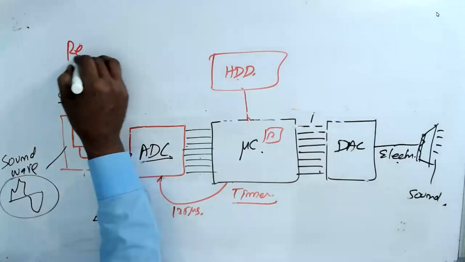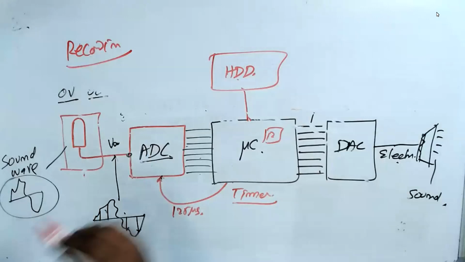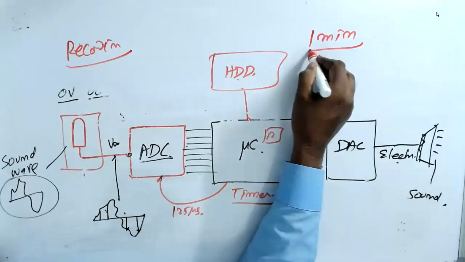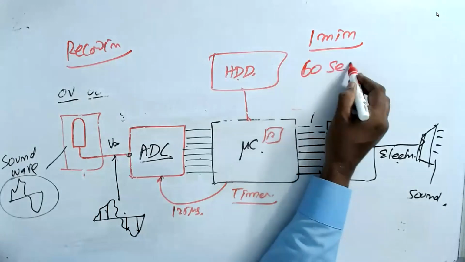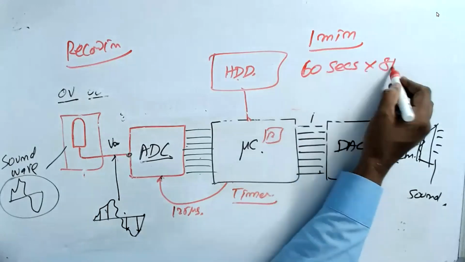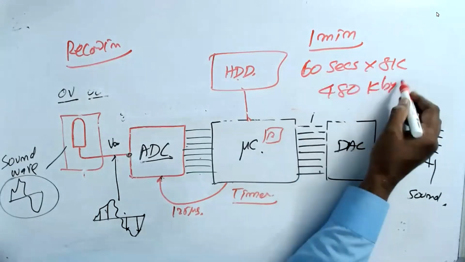If you speak for 1 minute, then 60 seconds into 8K means 480 kilobytes.